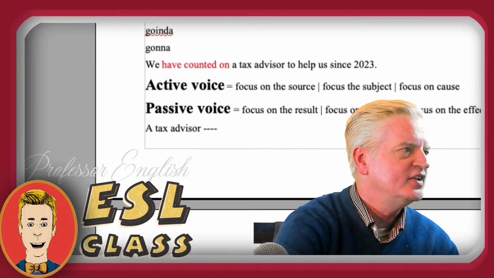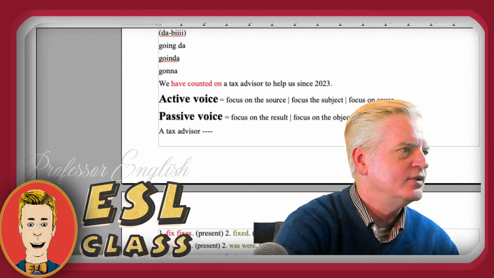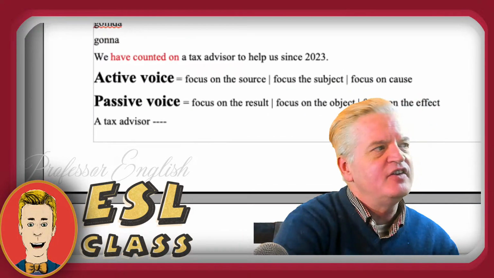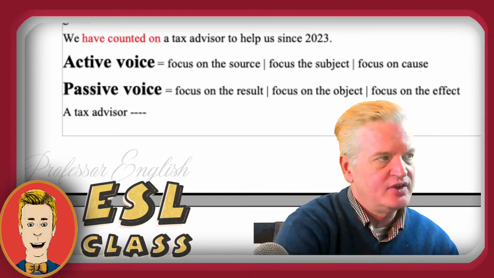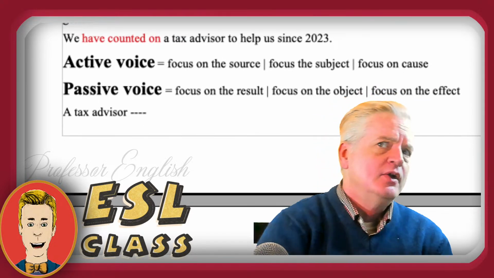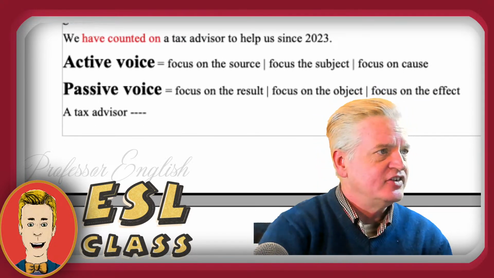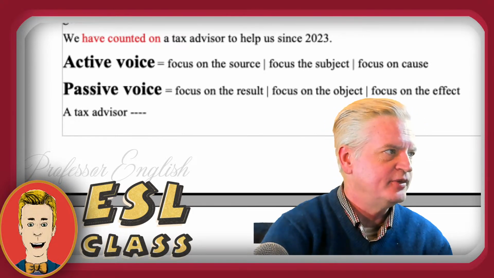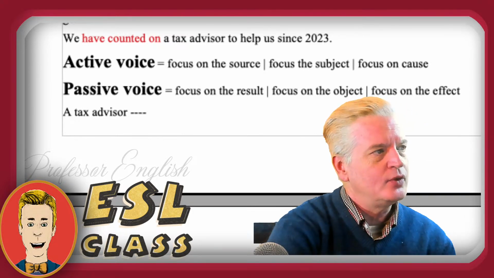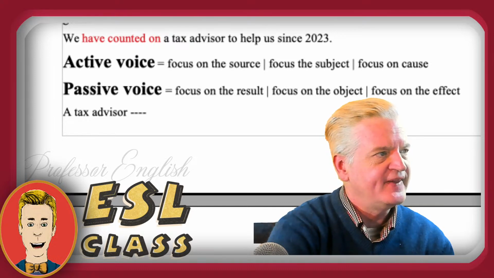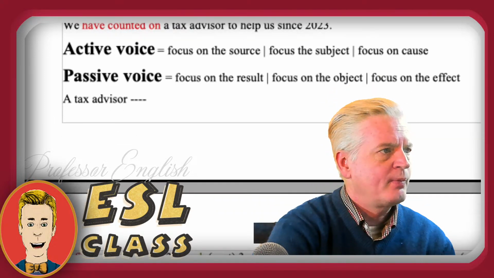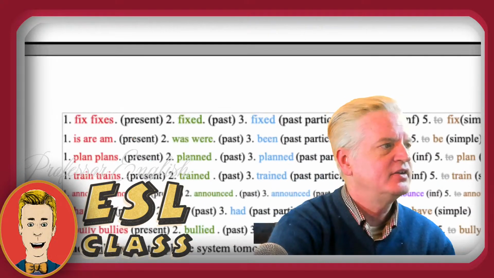An active voice sentence is a focus on the source of an action, the cause of an action, or the subject. And a passive voice sentence is a focus on the object, or the result, or the effect.